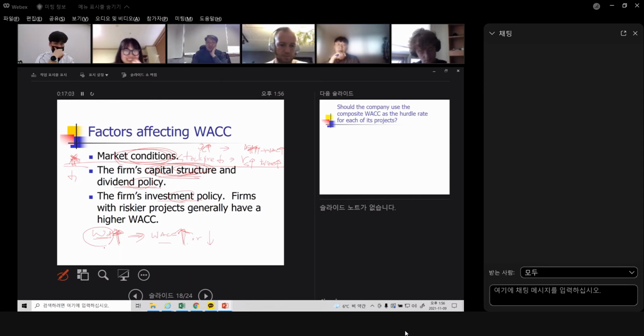So if the weight to raise debt is increased, then WACC increases or decreases? Decrease. Exactly, you're right. Decrease.